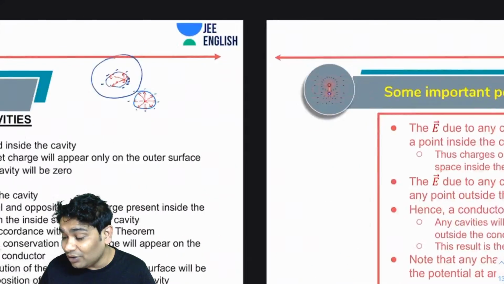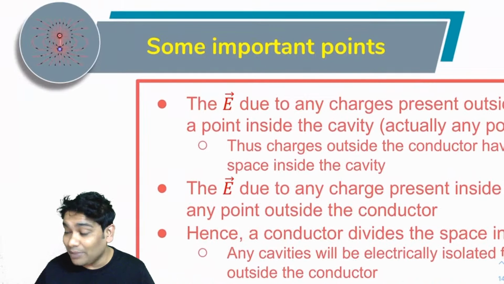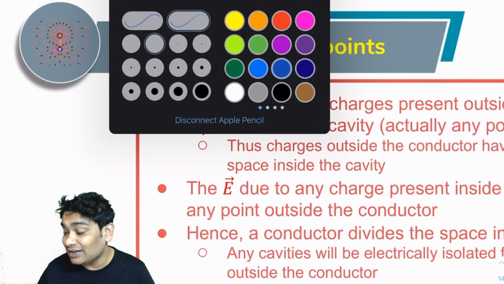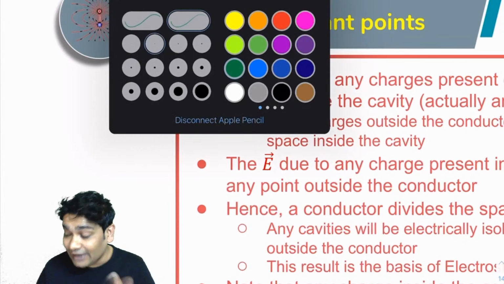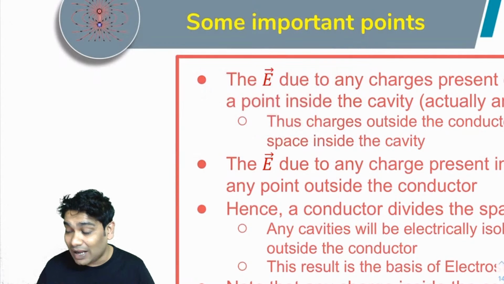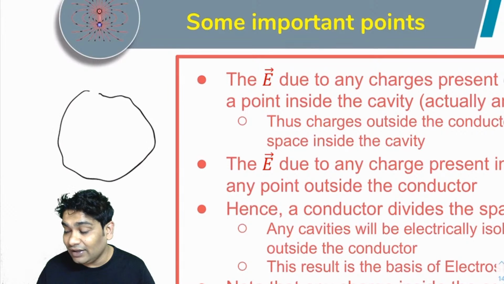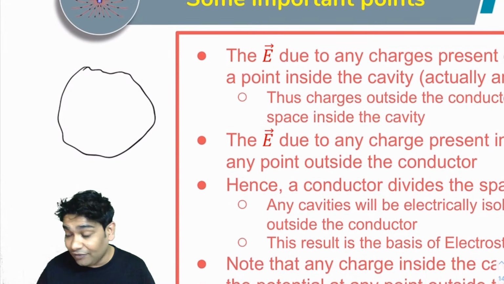Alright, so what do I mean by this? I've shown you that in electrostatic conditions all the fields inside a conductor have to be zero. So imagine you have any randomly shaped conductor and you had charges kept near it.